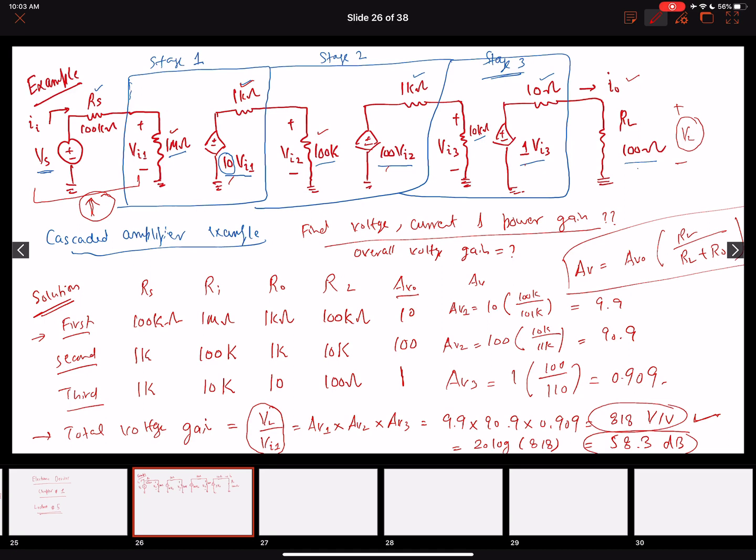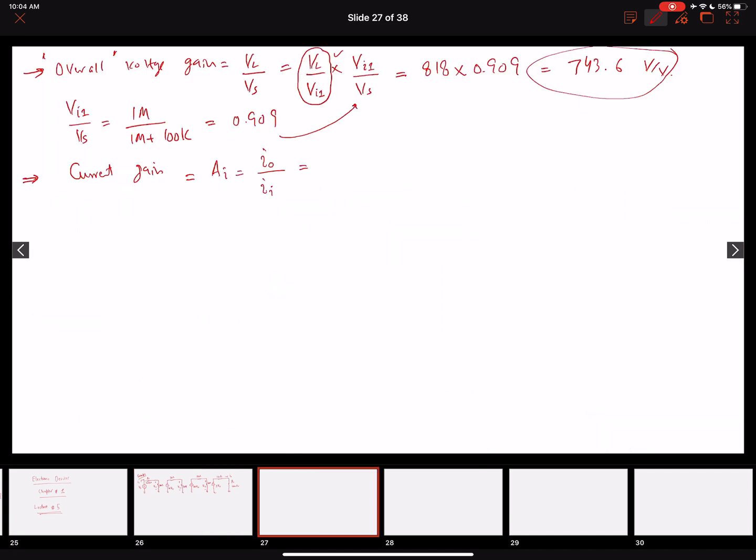Similarly, the input current over here, I_I, is equal to V_I1 divided by 1 mega ohms. So using these two, I can easily calculate it. It will be V_L over 100 ohms divided by V_I1 over 1 mega ohms.